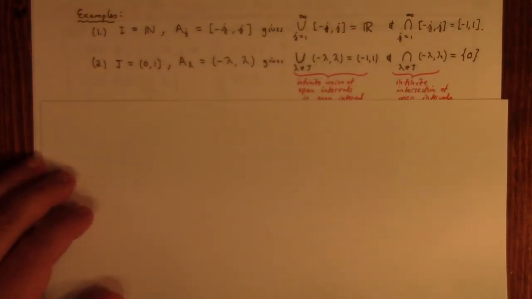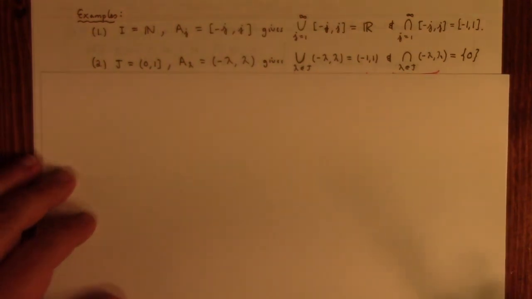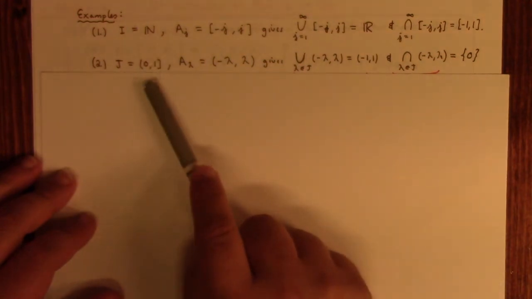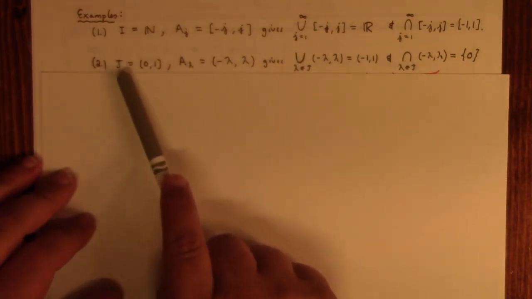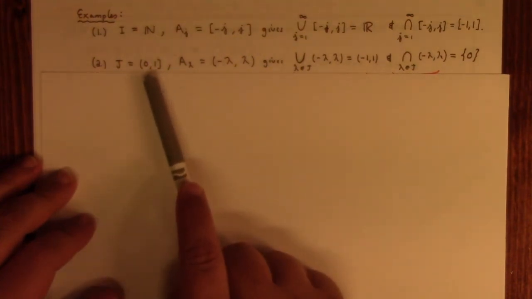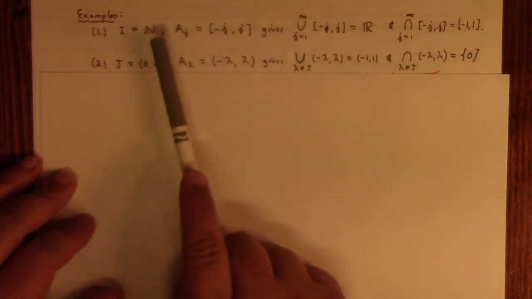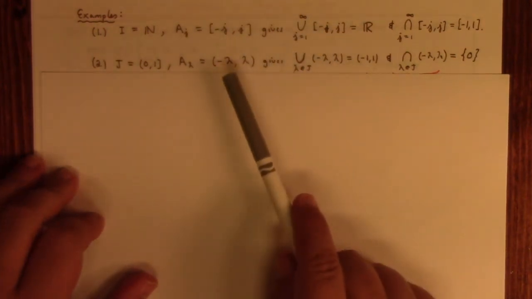Another example, this one actually has an honest to goodness infinite index set. Well, excuse me, this was also an infinite index set, but we'll talk more about this in a future lecture, but this is kind of a bigger infinity in some sense. This is a continuous index because we could take any number from 0 to 1. This is discrete because the indices jump 1 to 2 to 3. Okay, anyway, I'm being vague at the moment.